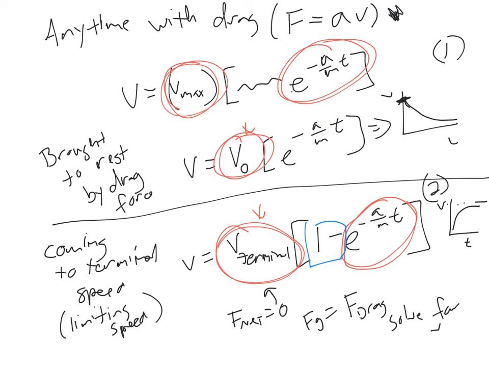Again, two scenarios: brought to rest by a drag force or coming to a terminal speed. Those are your two scenarios. And as I said, this A term is just some term that they give you. Sometimes it's B. In this problem, it was K.